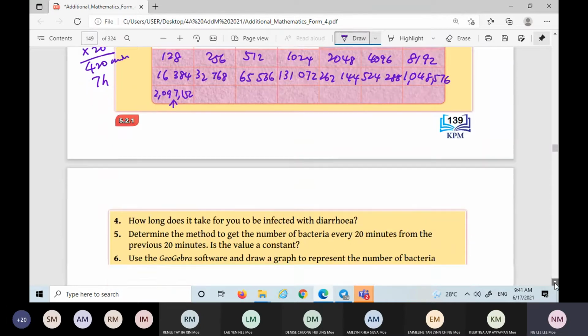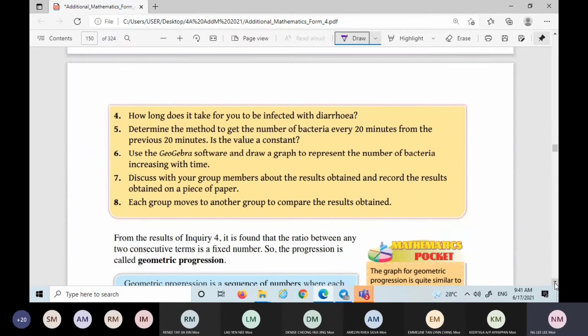So the value is a constant, and that value we call the common ratio. You remember for arithmetic progressions, that one is the common difference. Now this one is the common ratio.